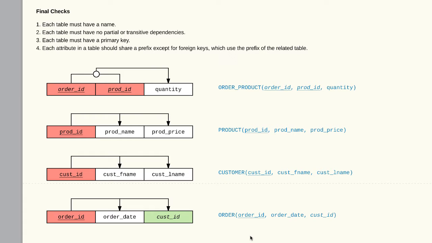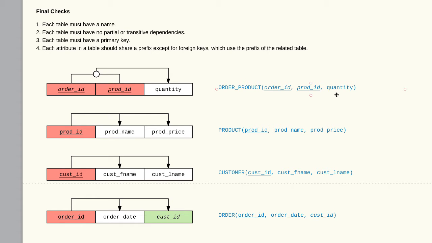The only field that doesn't follow that rule is the quantity field, because quantity belongs to the order product, and I didn't assign a prefix to those fields because order ID and product ID are foreign keys. So quantity would be the only one that could have a prefix, but because it's a bridge table, we can violate that rule because the prefix would be too complicated. So I'll just leave it as quantity like it is.